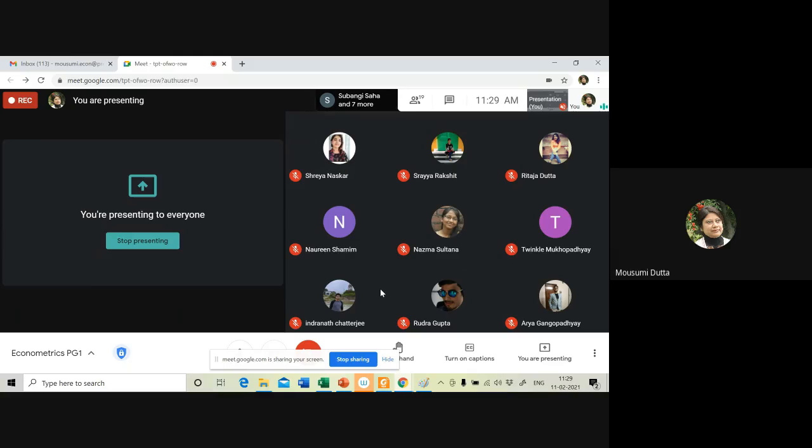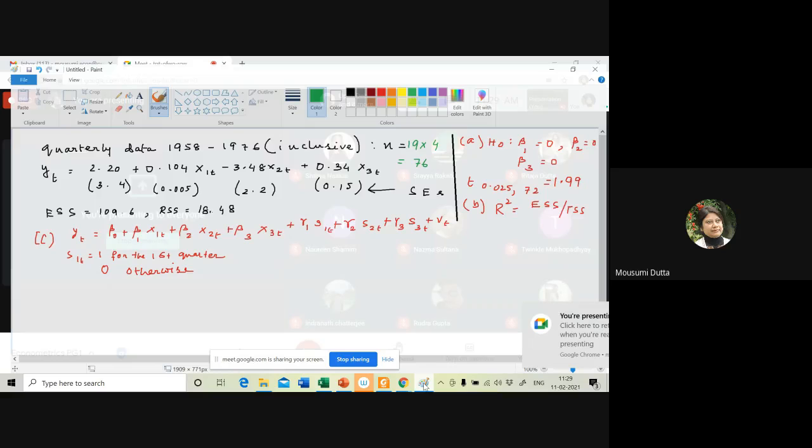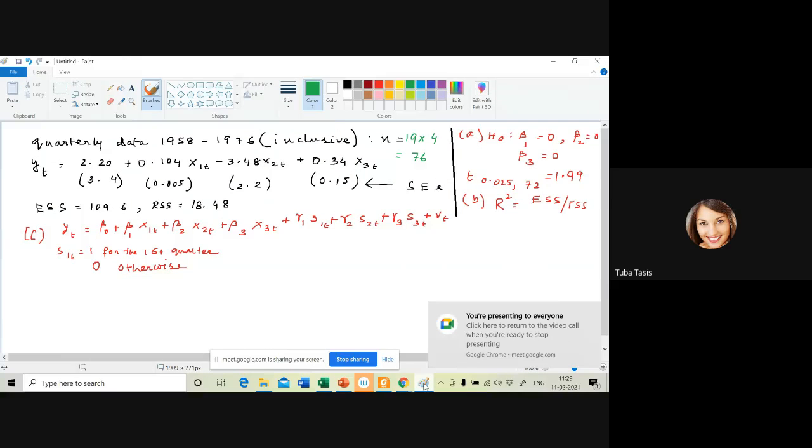So you need to find out only 0.104 divided by 0.005. So what is the value of T1? 20.8.